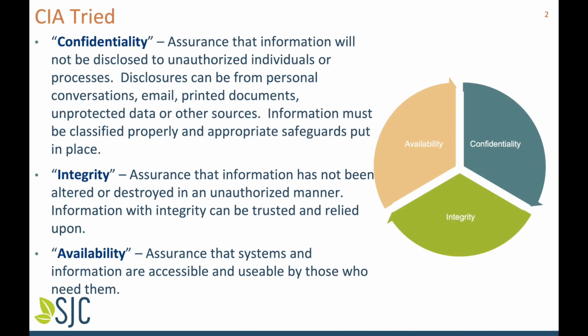So this is the foundation of information security. Information security revolves around these three pillars. The first pillar is confidentiality, where we talk about assuring that information will not be disclosed to unauthorized individuals, and that is really important. If the information is confidential, it should not be released or accessed by unauthorized individuals.